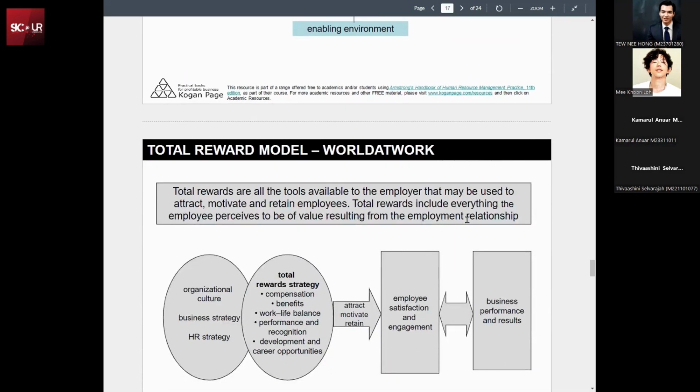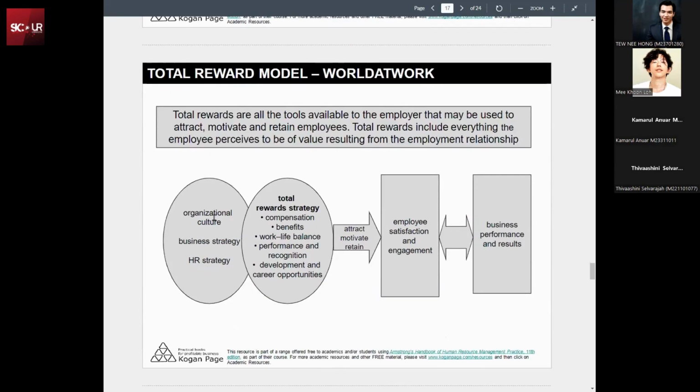And then the work at work model. In the work at work model, they're focusing on the organizational culture, HR strategy, and strategy. Total reward is a tool available to the employer to use to attract and motivate an employee. Okay. Total at work models, they're using a total reward strategy, focusing on compensation, benefit, work-life, performance, development, all kinds of areas of total reward strategy, putting them together to attract, motivate, and retain.